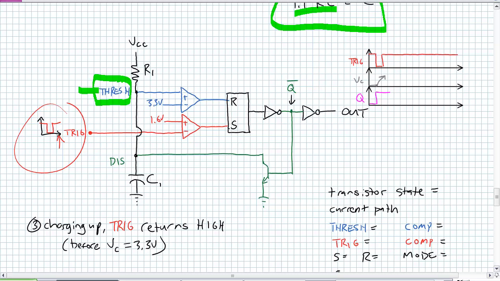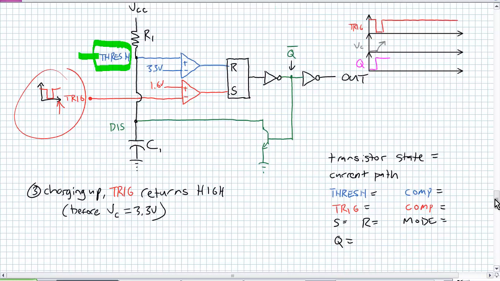Let's say the voltage across the capacitor, VC, has not yet reached 3.3 volts. So that threshold, the upper comparator, is not going to change states just yet. I just want to look at the lower comparator. Let's say it's 2 volts. The capacitor is charging, as shown in this gray graph up here. It's at 2 volts.